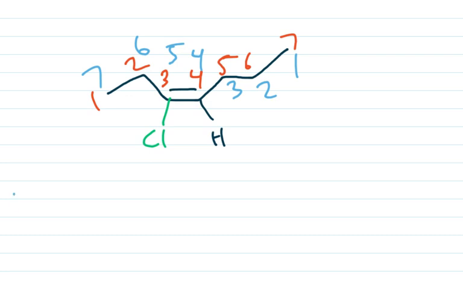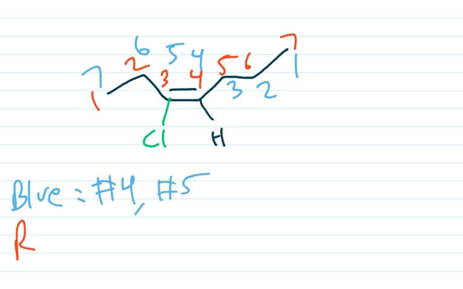If we look at the blue numbering, at what carbon numbering is the double bond and the chlorine substituent? The double bond is on carbon number 4, and the chlorine substituent is on carbon number 5 for the blue numbering. But what about the red numbering?